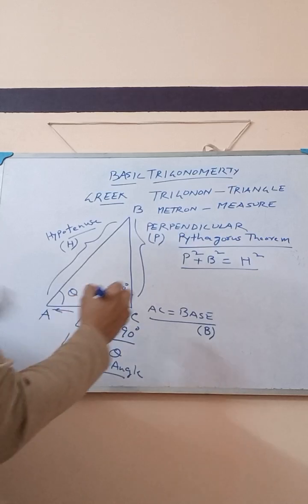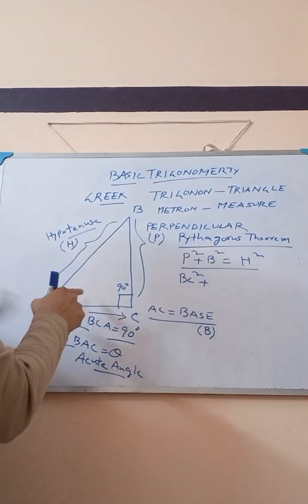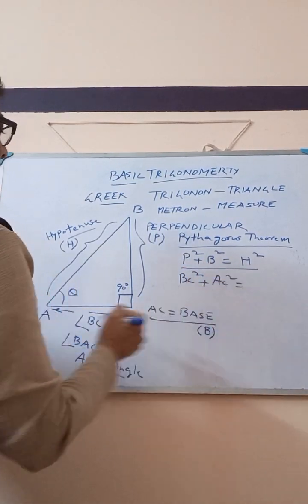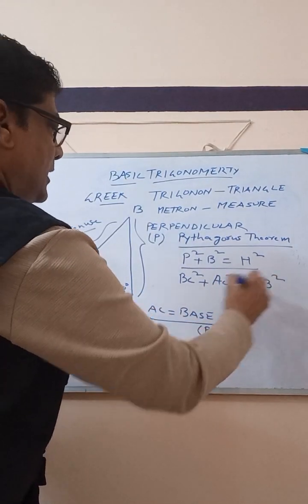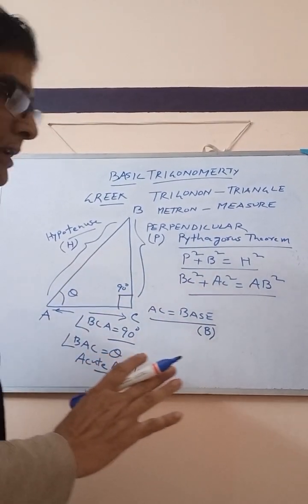This means BC square plus AC square will be AB square. I think this much is clear.